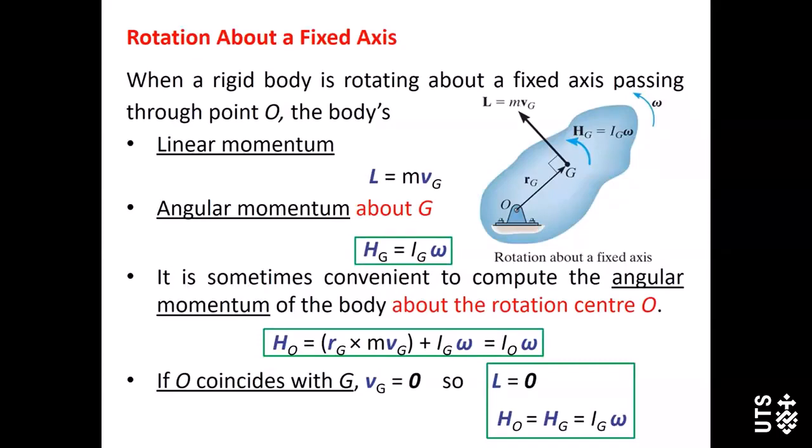In rotation about a fixed axis, for example here, this rigid body, whose mass center point is G, is undergoing rotation about a fixed axis through point O. And here, the linear momentum L is still mvg. If we select point G to calculate its angular momentum, it will be Ig omega.